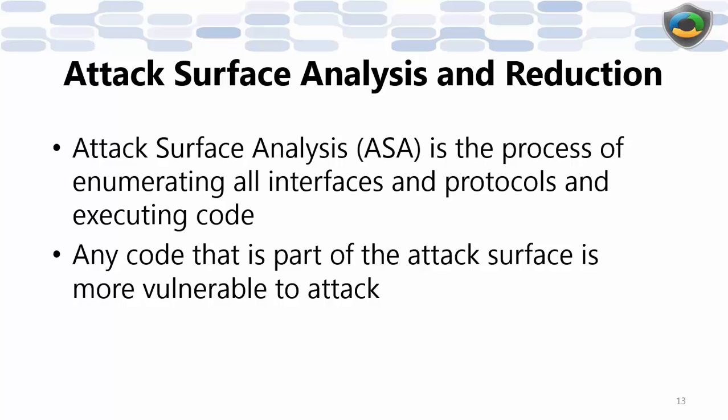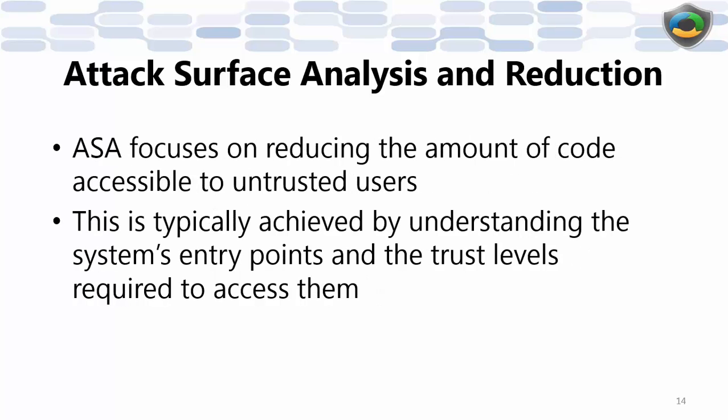So attack surface analysis, ASA, is the process of going over all these interfaces and protocols and then executing code accordingly. Any code that's part of the attack surface is code that's more vulnerable to attack. So what you're trying to do here is to reduce the amount of code accessible to untrusted users.